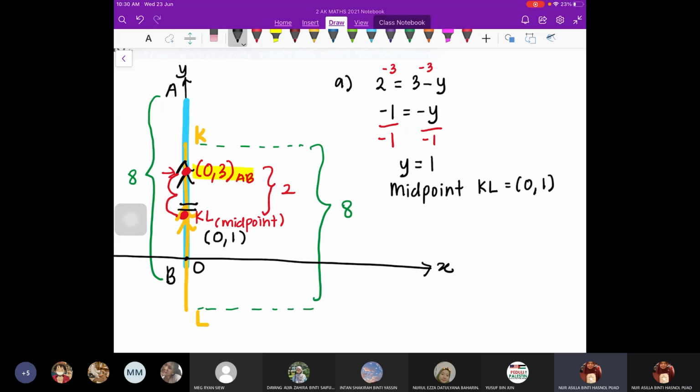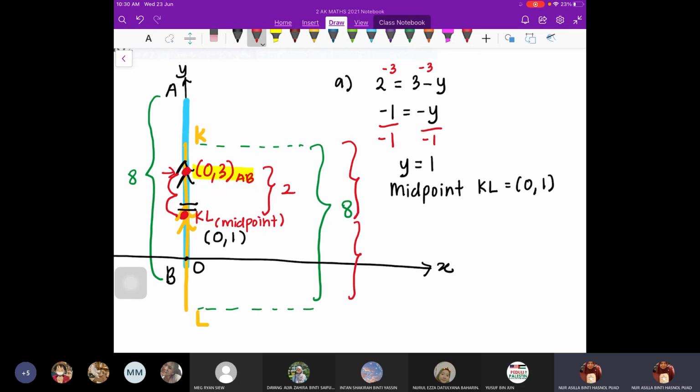Okay. So, daripada midpoint, macam mana nak cari K dan L? Sebab teacher tahu distance K kepada L adalah 8. K kepada L adalah 8 dan midpoint saya adalah 0, 1. So, teacher divide je by 2.